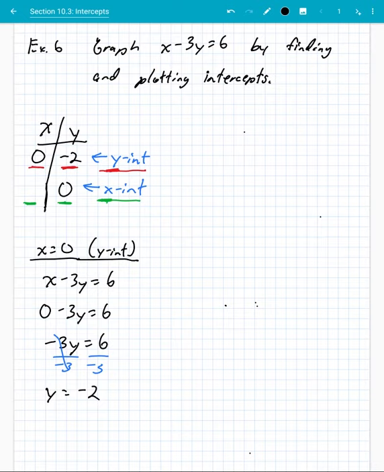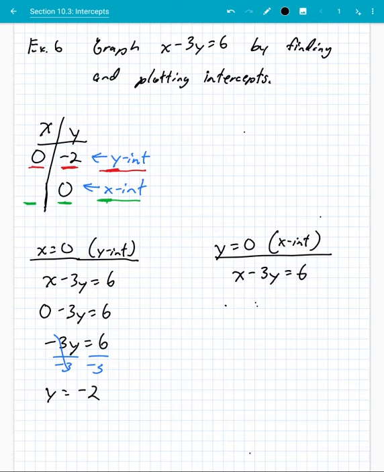Then let's go ahead and find when y is equal to 0, that's our x-intercept is what we're trying to find. X minus 3y equals 6. X minus 3 times 0 equals 6. 3 times 0 is 0, so it just becomes x equals 6. Finding intercepts is a little easier sometimes, especially if your equation is in the general form like this one is.